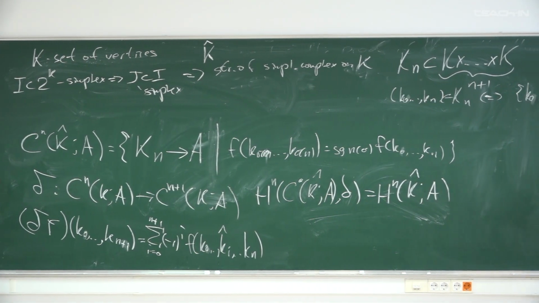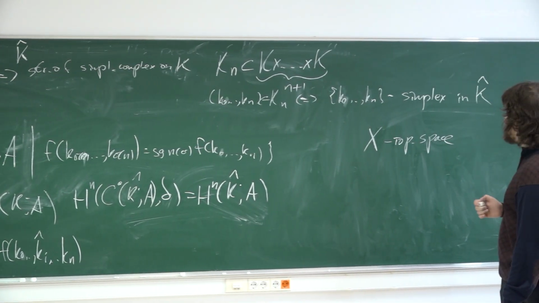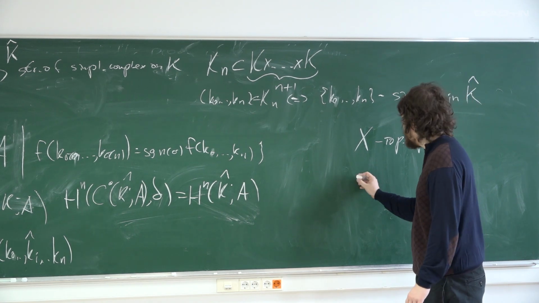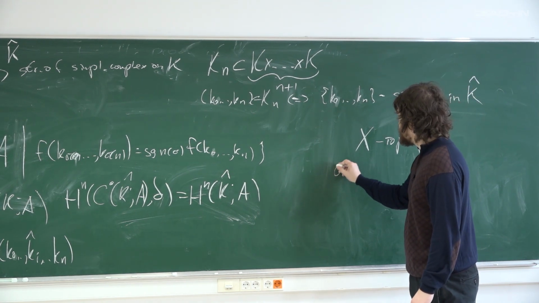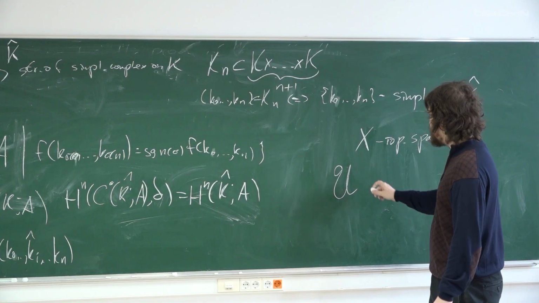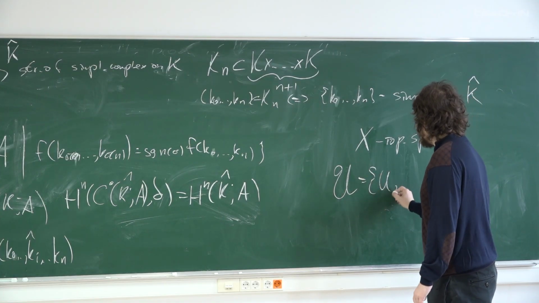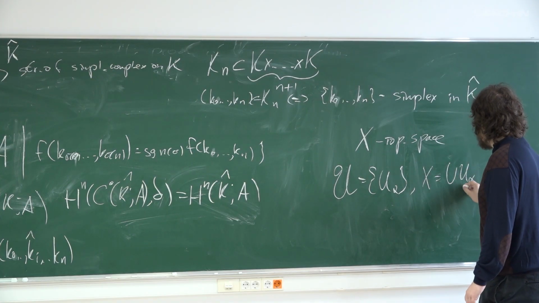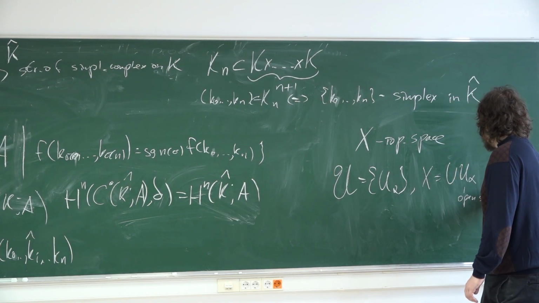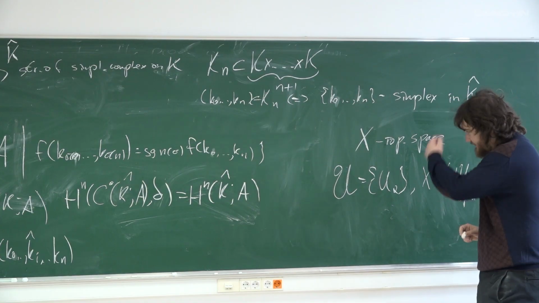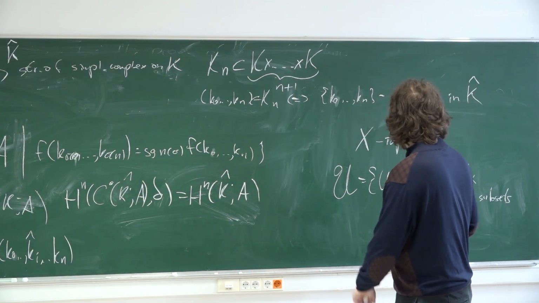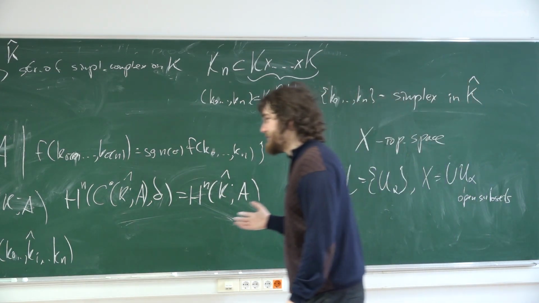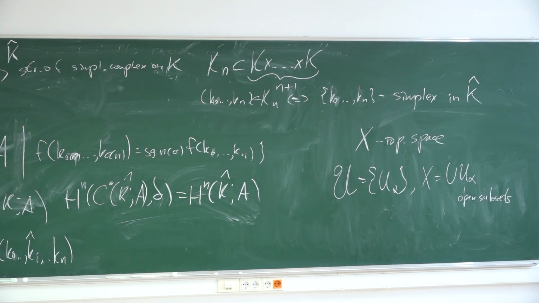If X is a topological space, let me take an open cover of this space, U: a set of open subsets U alpha such that X is the union of the U alpha. Then on this set we have the structure of a simplicial complex, the nerve complex of this cover.